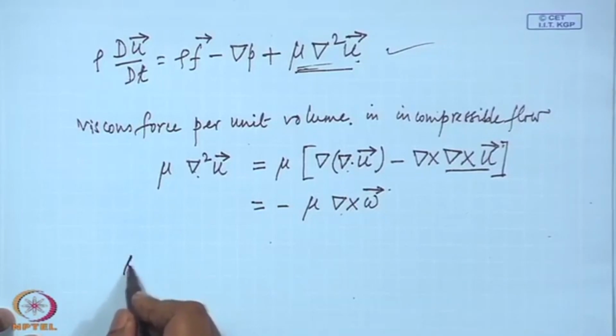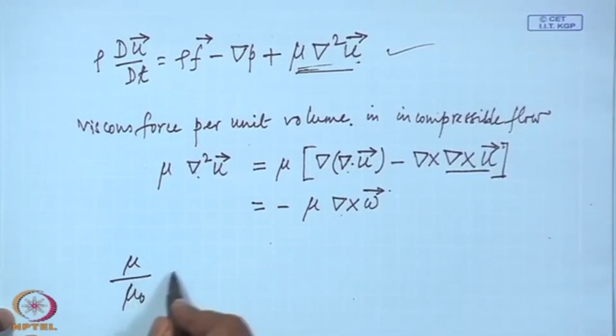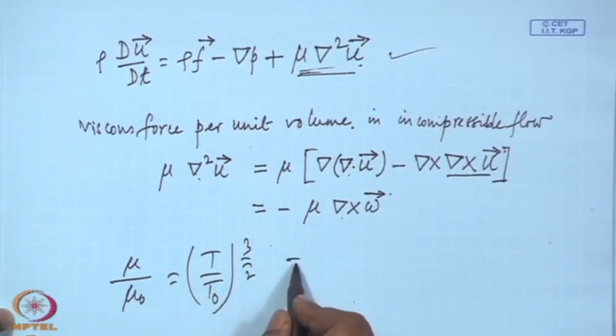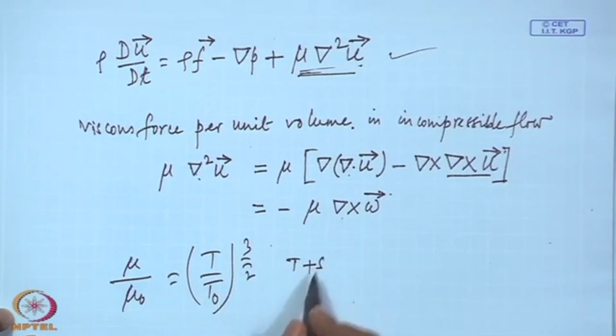So, if we have a viscosity relation, as an example, that Sutherland relation we are talking about, mu by mu 0 equal to T by T 0 to the power 3 by 2 into T 0 plus S by T plus S.